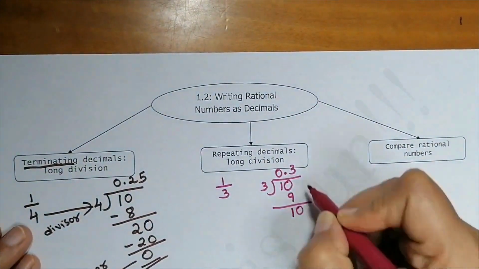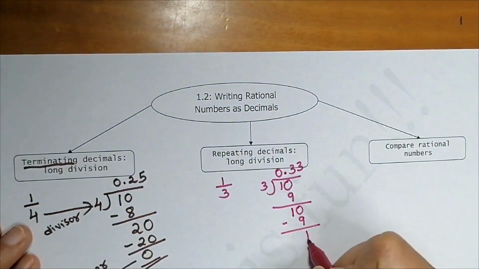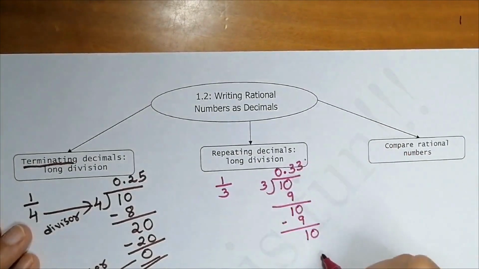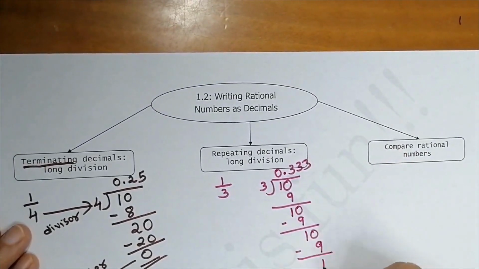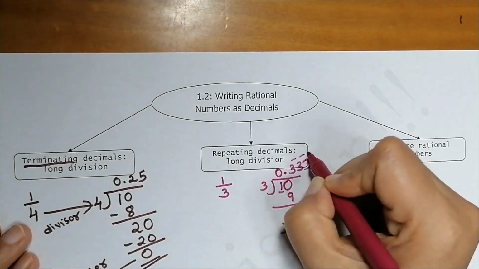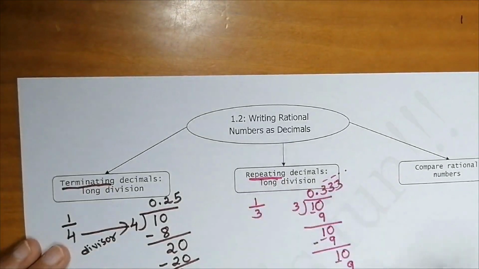Again a 0, again a 3, again a 9, and again 1. So this again is happening, 1, 1, 1, 1. And this 3, 3, 3 keeps repeating, right? So yes, this is a repeating decimal.